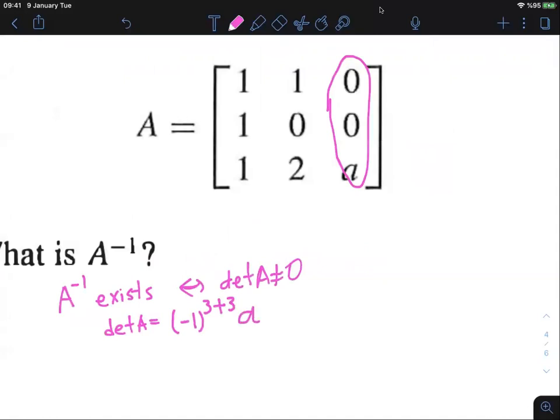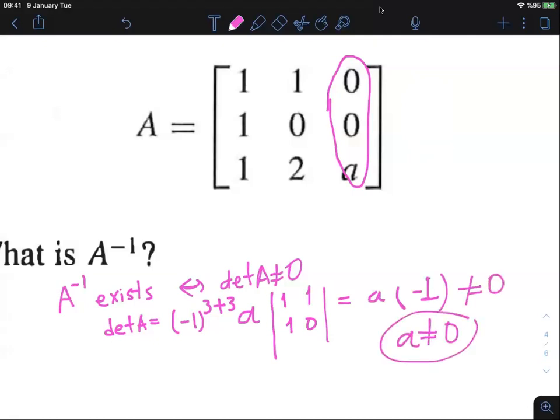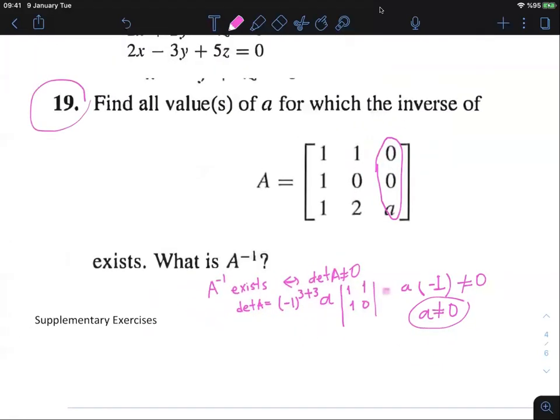The coefficient is A. And if I delete row 3 and column 3, I get this 2 by 2 matrix, whose determinant is minus 1. So we want this to be non-zero. This means A shouldn't be 0. If A is 0, then this matrix does not have an inverse. If A is non-zero, this matrix has an inverse.